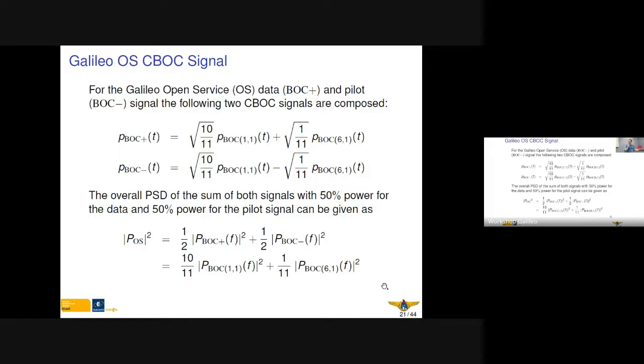And this is then the power spectral density of the Galileo open service. The cross terms, they disappear because we have used here a plus and here we have a minus. So these cross terms of the power spectral density of each CBOC signal for the data and pilot component disappear in the overall sum PSD of the open service, and we only remain with these two contributions of the BOC(1,1) and the BOC(6,1) in the power spectral density.